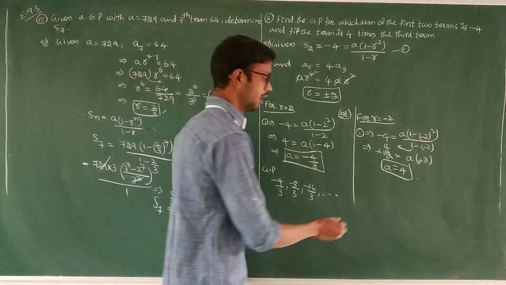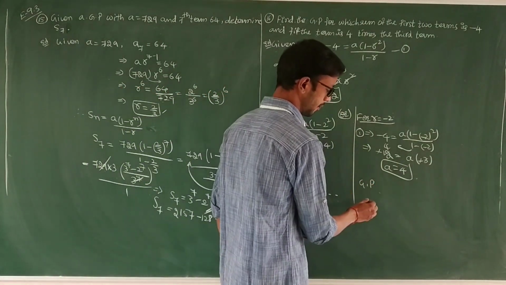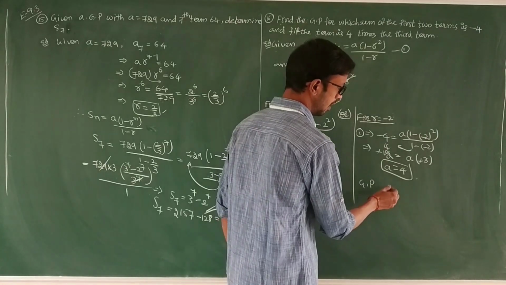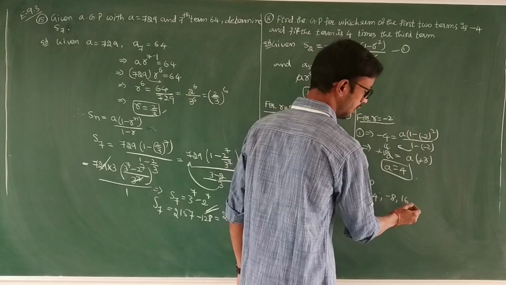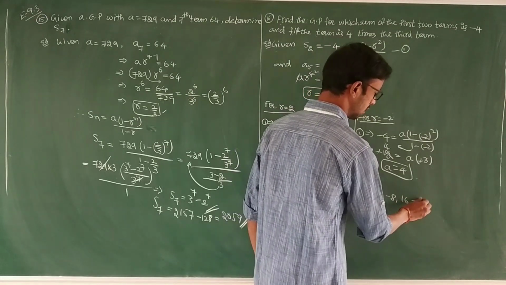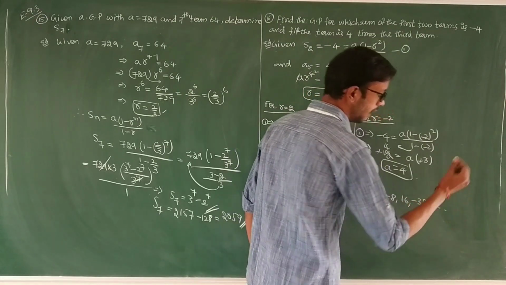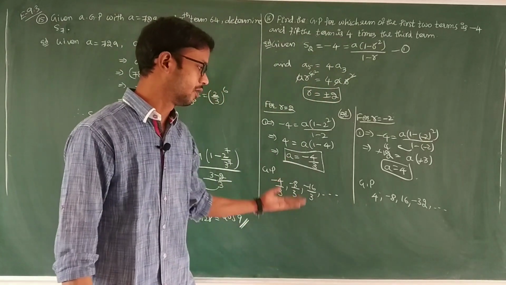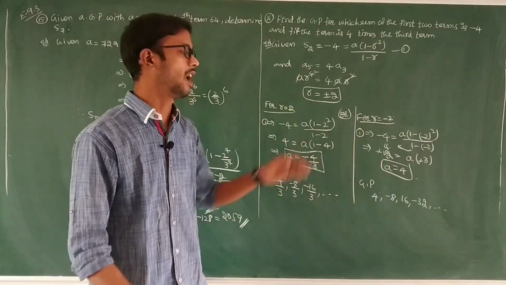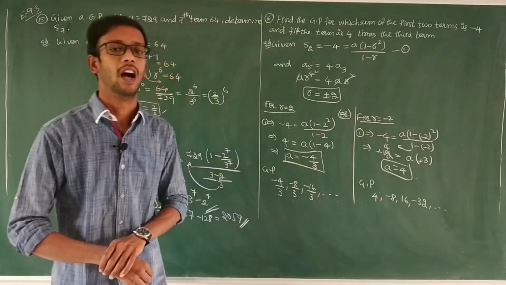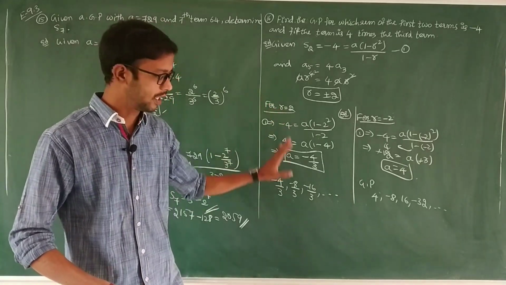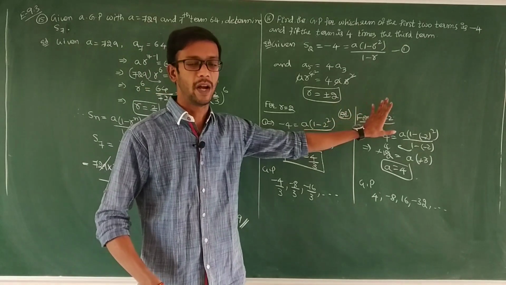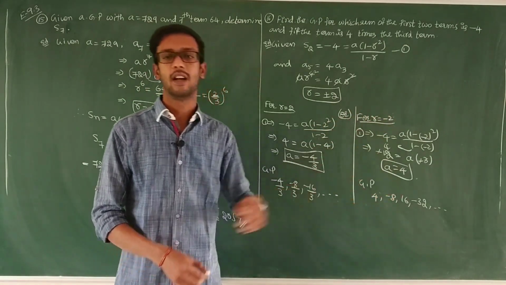Next, this side, GP is 4, multiply with minus 2: 4, minus 8, 16 and minus 32 and so on. Either this one or that one. Why? Because two common ratios we got. R is equal to 2, R is equal to minus 2. R is equal to 2, if you are taking, this is a GP. R is equal to minus 2, if you are taking, that is another GP.